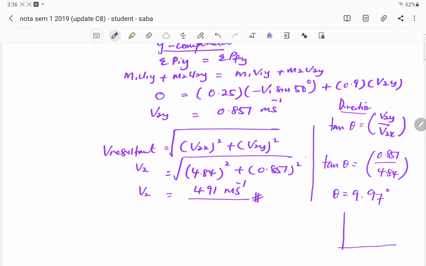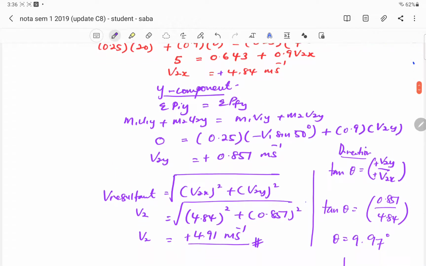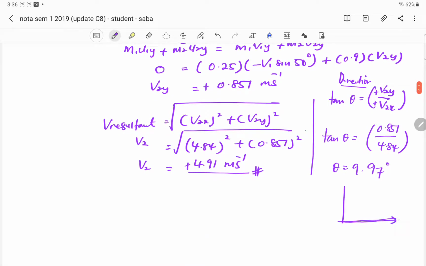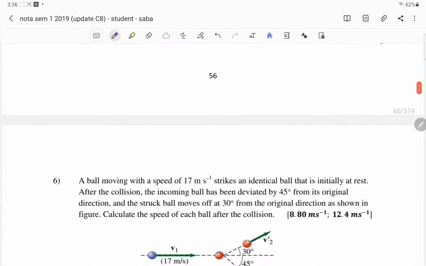We want to know where it lies. V2y is positive, V2x is also positive. So positive x, positive y. The angle is here, always with respect to x component. So theta is 9.97 degrees above positive x component. Okay, so we go to number 6.